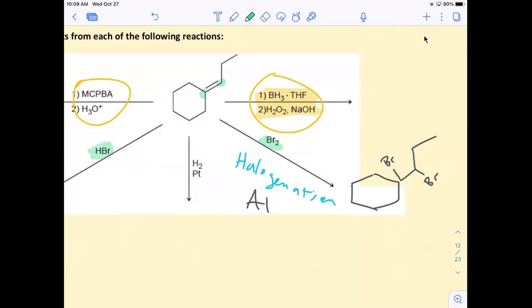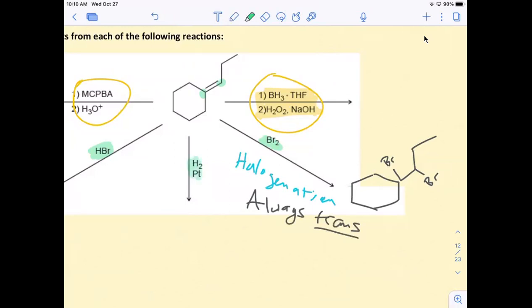Bromine is added to both sides. But in these other instances you're adding something different to each side, where one part is going to be nucleophilic and one is going to be electrophilic. So let me finish that: always trans.